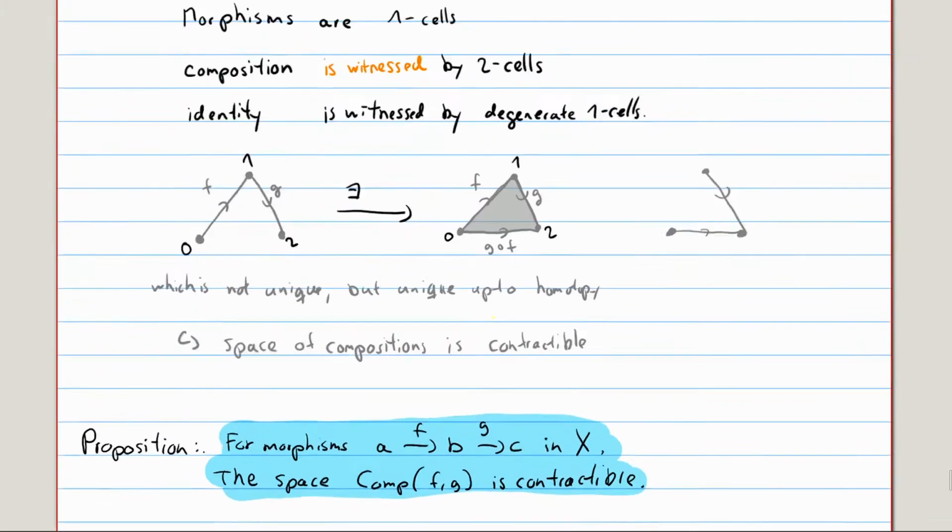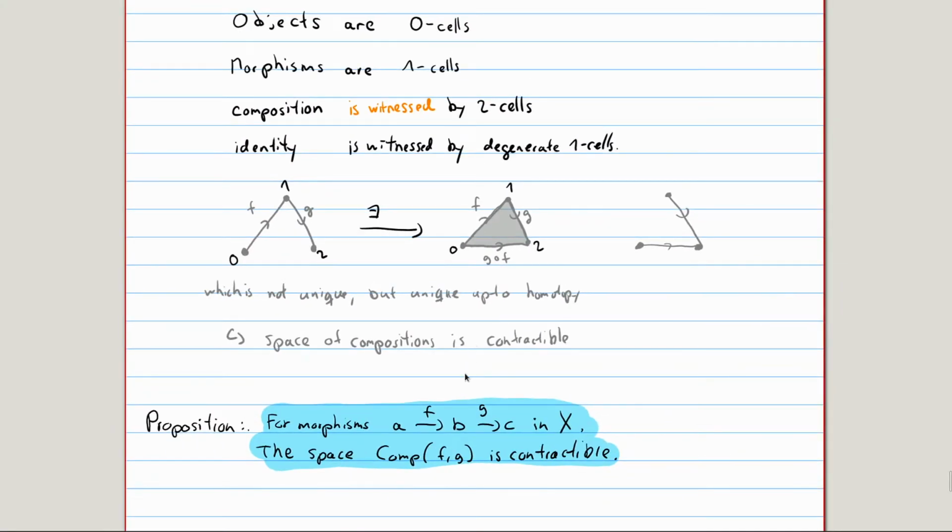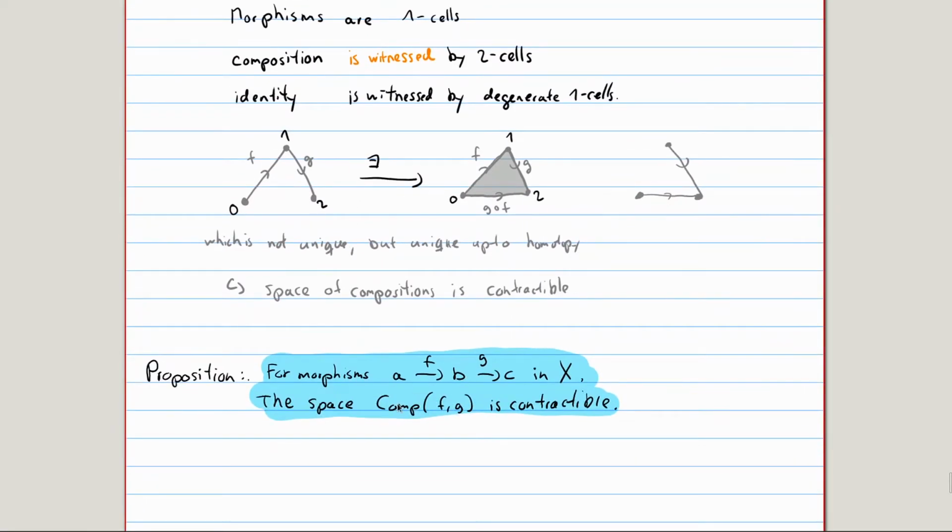There's this proposition that says that the space of compositions is contractible. So we've got this nice analogy that in ordinary categories, uniqueness is replaced with contractibility of spaces. That gives us this nice interplay between homotopy theory and category theory.